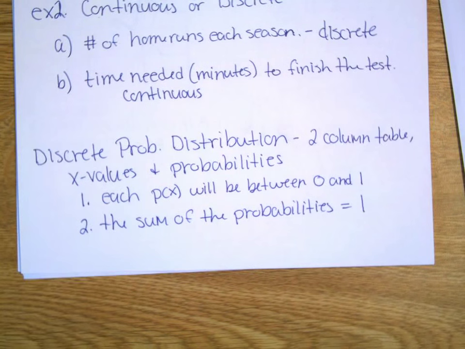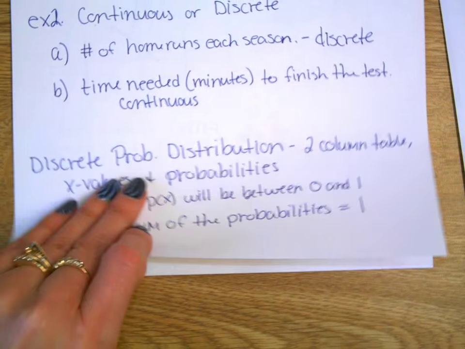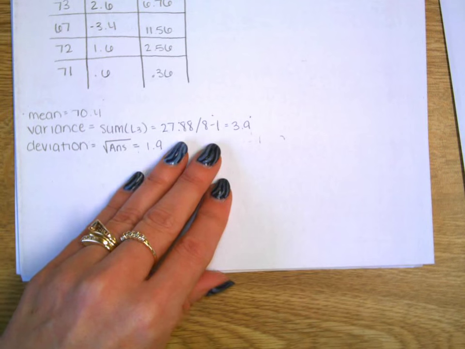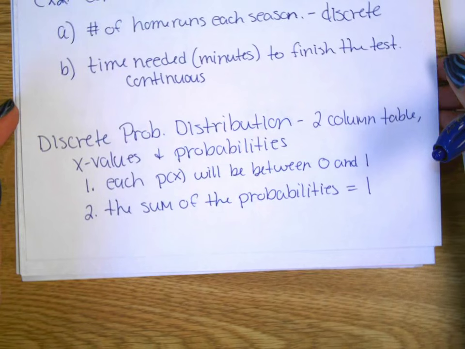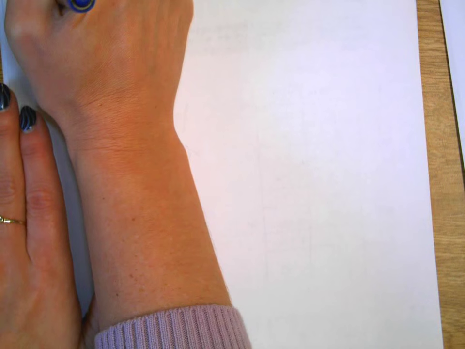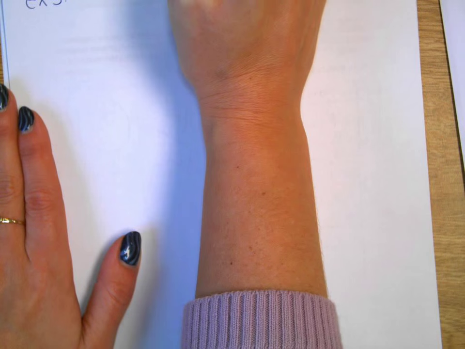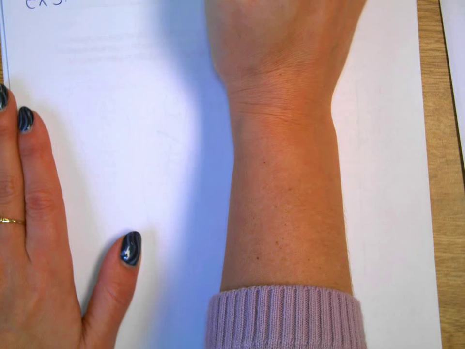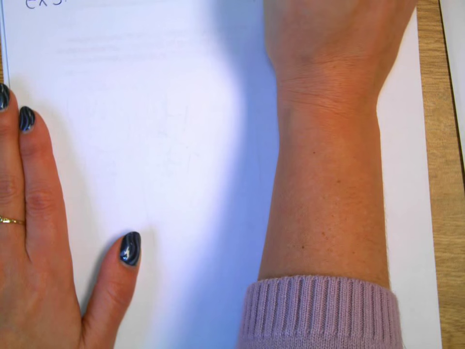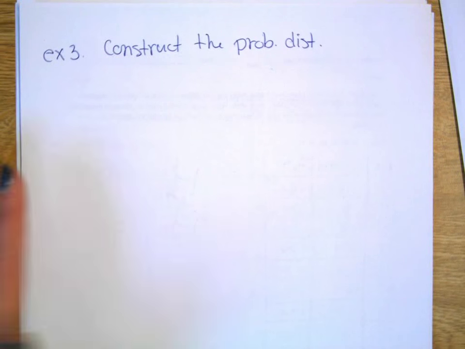Ready for our next example? Example 3, construct the probability distribution for this information.